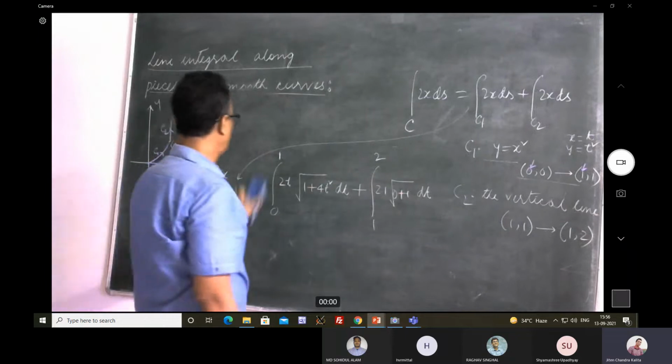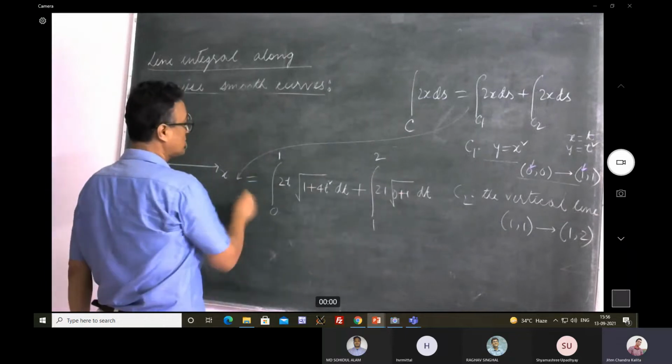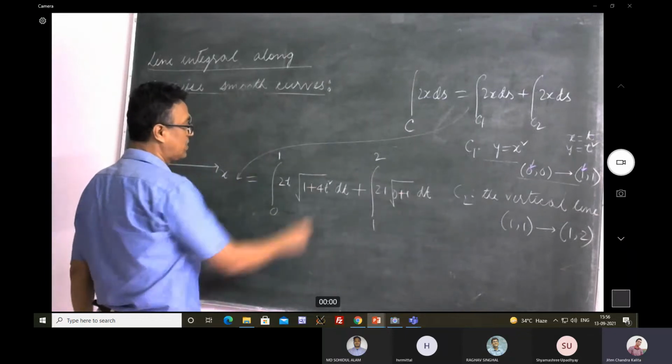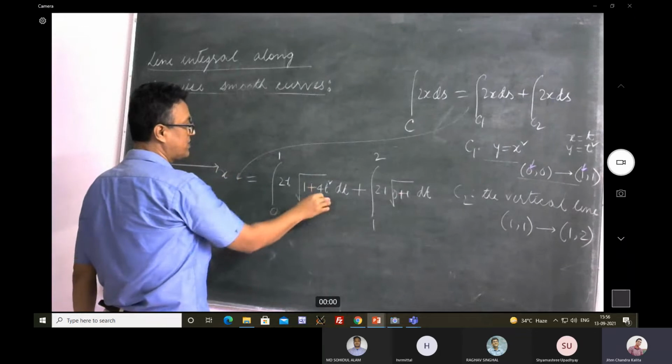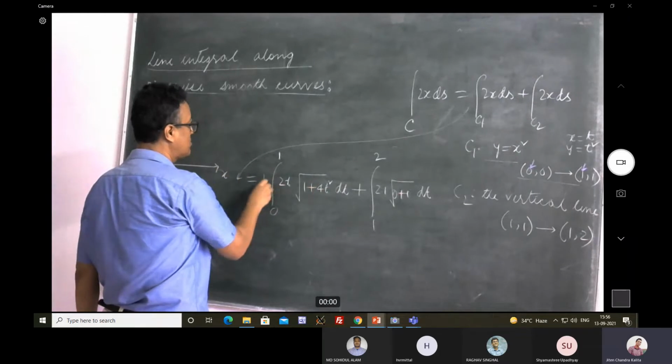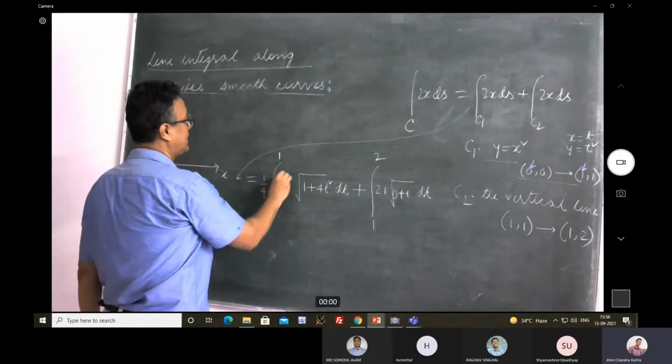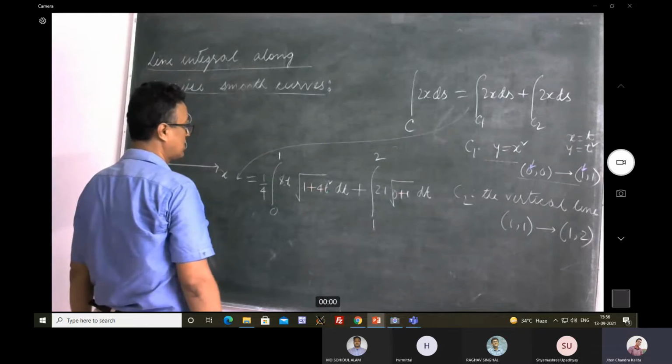Because the derivative of 4t squared is 8t, I can write it as 8t.